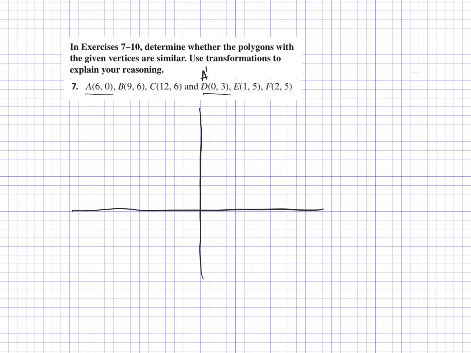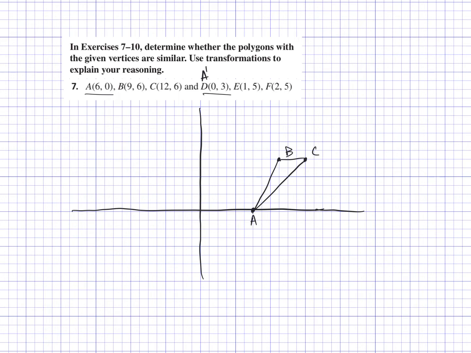Okay, so 6, 0 is A, 9, 6 is B, and 12, 6 is C. So here's our ABC, and I'm going to do primes from here.